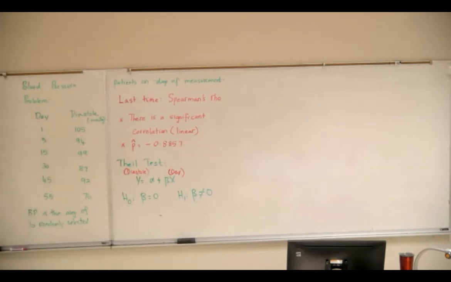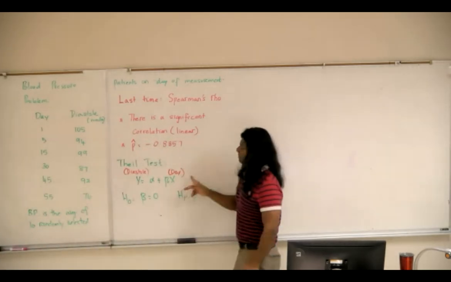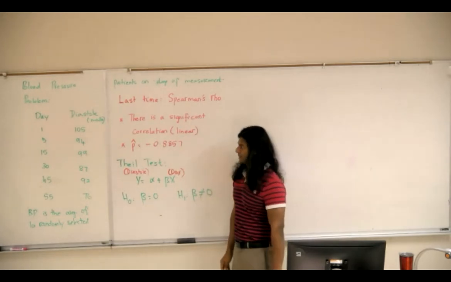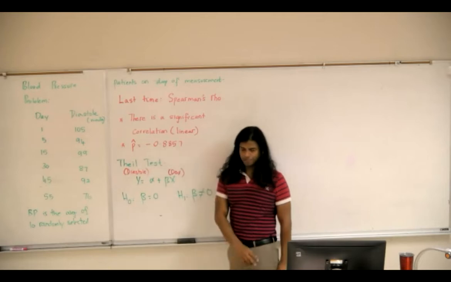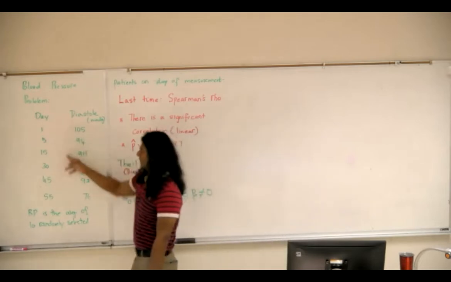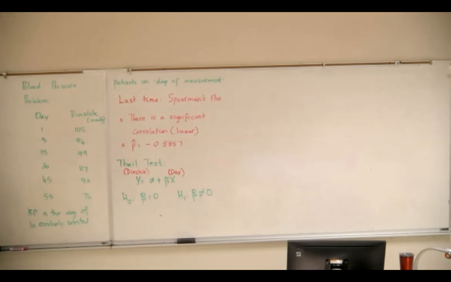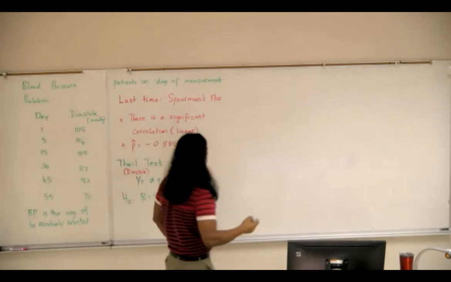As you increase the day, the diastolic pressure goes down, and we want x to be sorted in ascending order. Luckily, or intentionally, I created the problem in a way that the x's are in order, so we don't have to sort. Good? What is the Theil statistic?